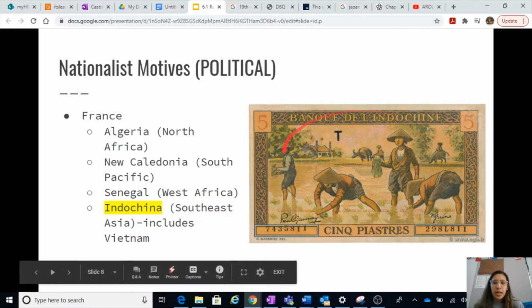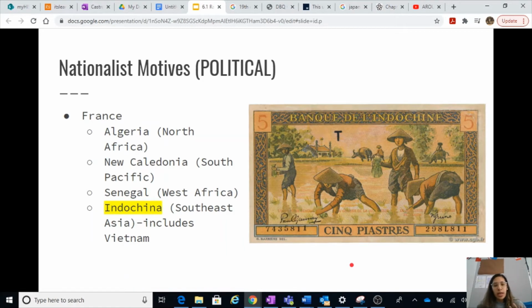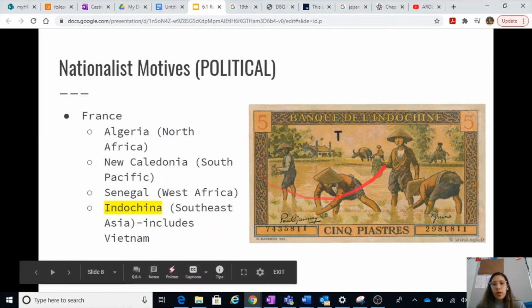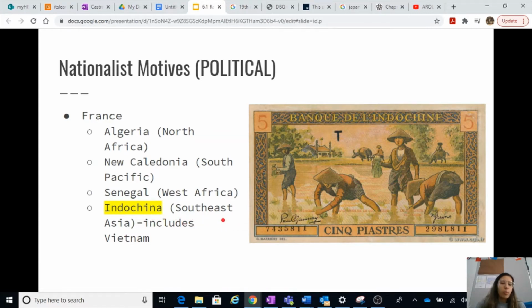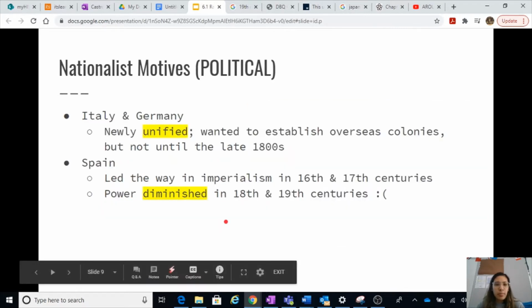And then this is a banknote of the Bank of Indochina, and you can see it's in French, and it shows what's going on in the colonies. We're going to have mostly workers farming in these colonies, and then they're going to produce rubber later on, but not yet. So that's France.